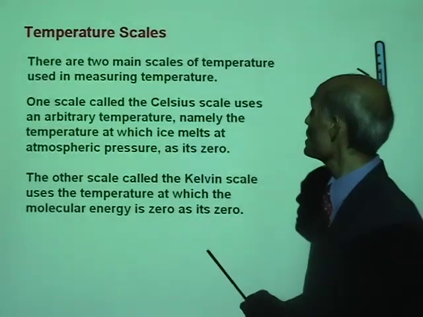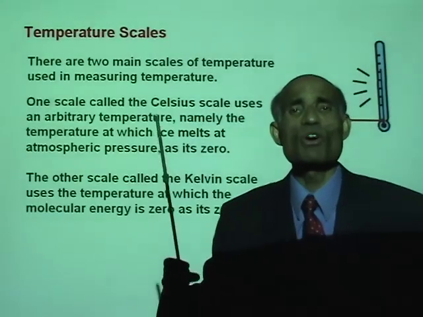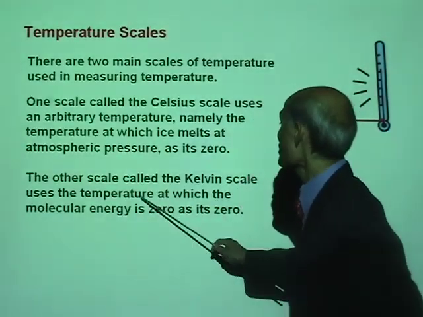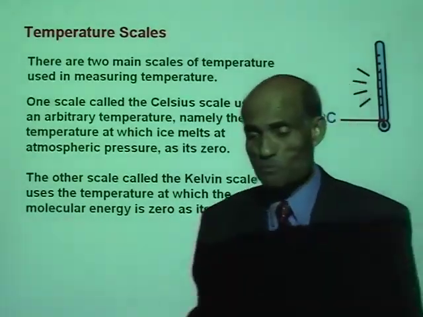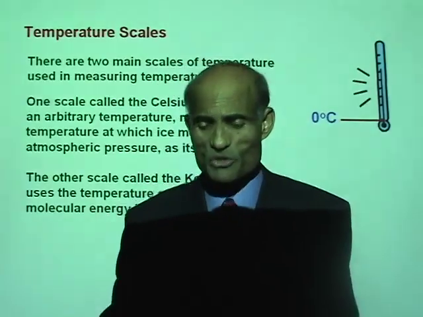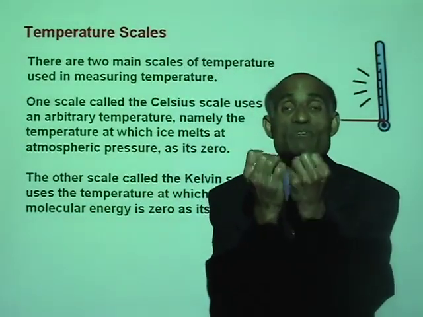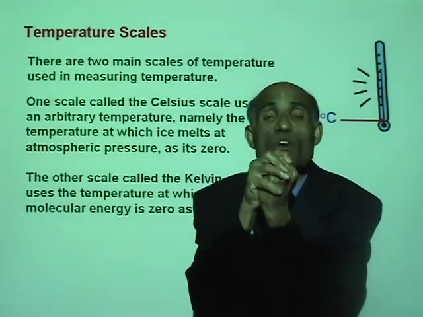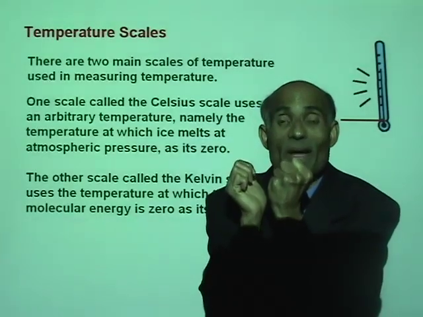Now, what is the 0 in Kelvin? That uses the temperature at which the molecular energy is absolutely 0. So when you talk about 0 in the Kelvin scale, it is the temperature at which the molecules of a substance have no energy at all. It is just quiet.